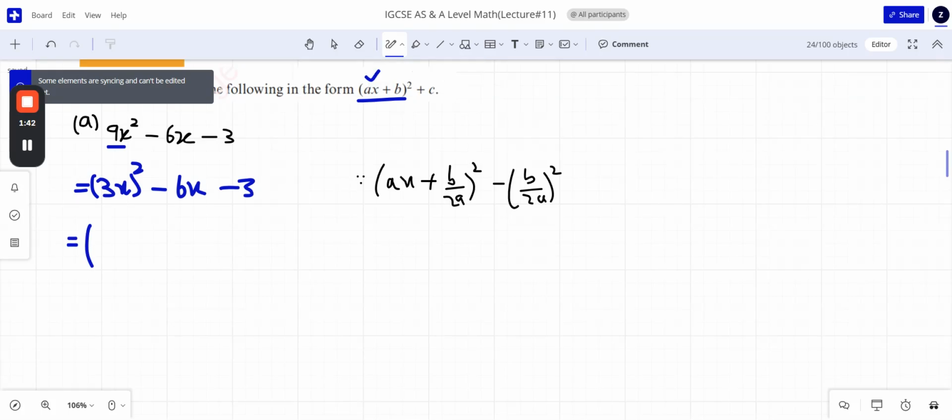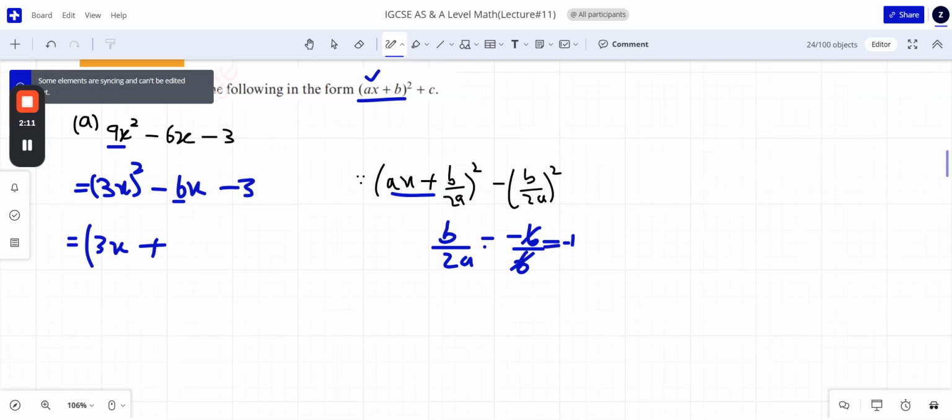The first one, ax, here we have 3x. So we will write 3x plus b over 2a. What is b? b is the coefficient of x. So b over 2a is equal to −6 over 2 times 3, which is 6, so −6 over 6, which is equal to −1.